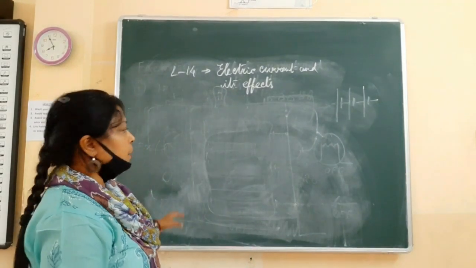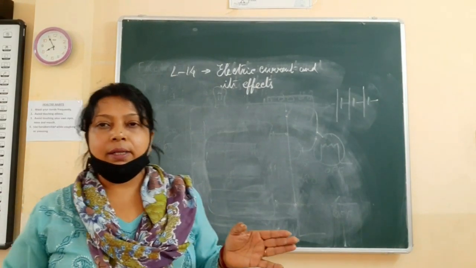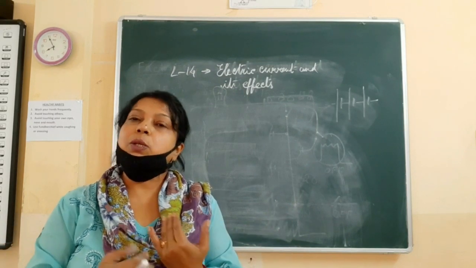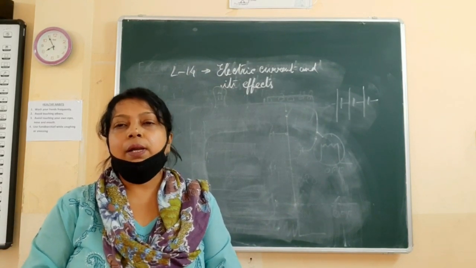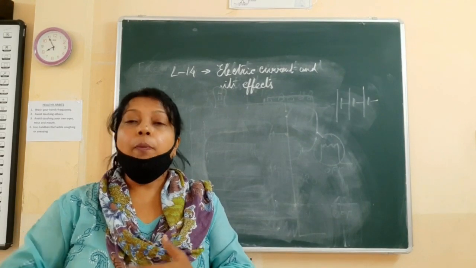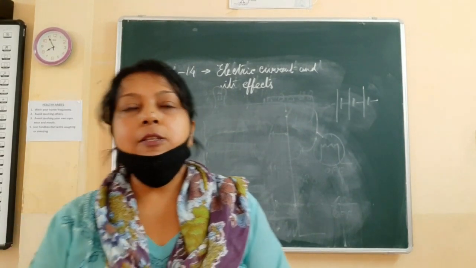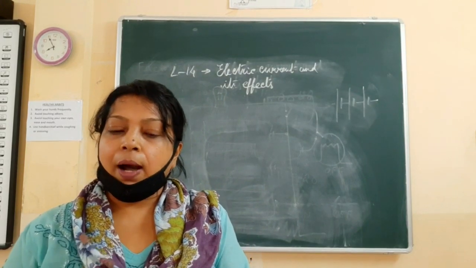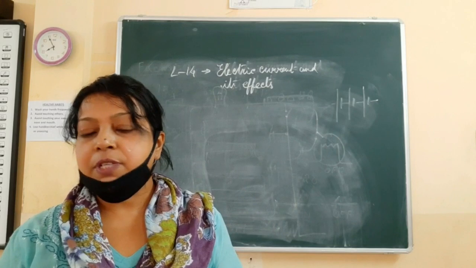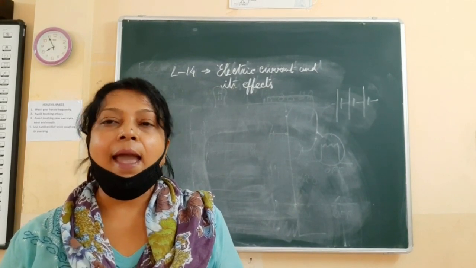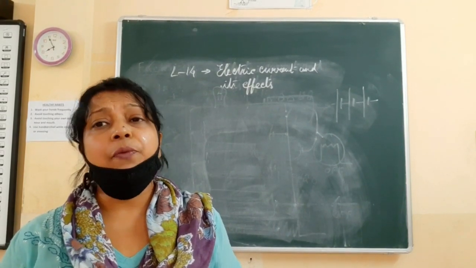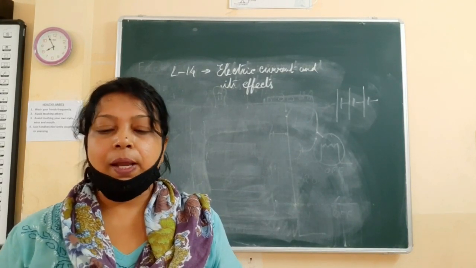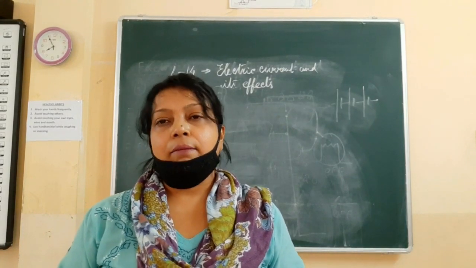There are two types of electric circuit. One is closed and the other is called the open circuit. In a closed electric circuit, the electric path which starts from the positive terminal of the cell and ends at the negative terminal of the cell without any break, that means no breakage in between, is called the closed electric circuit.